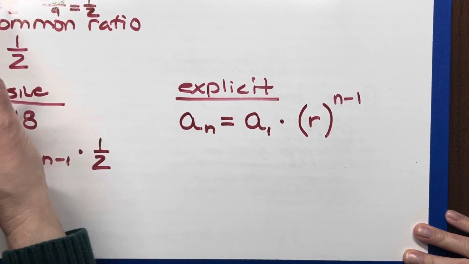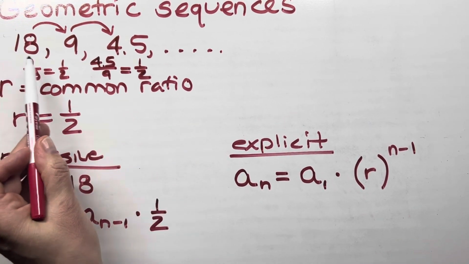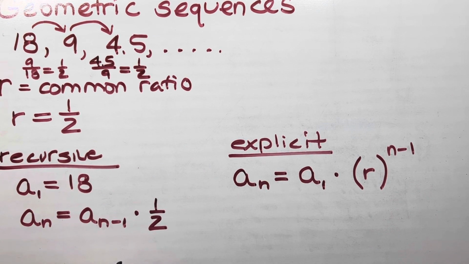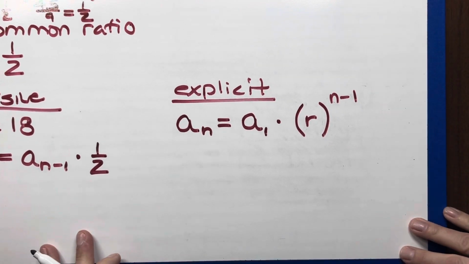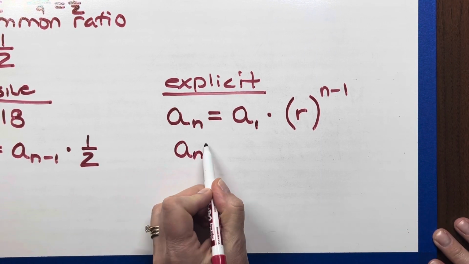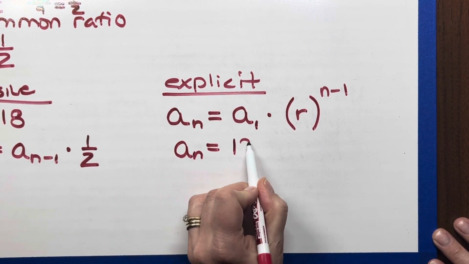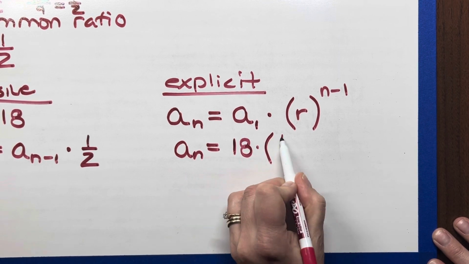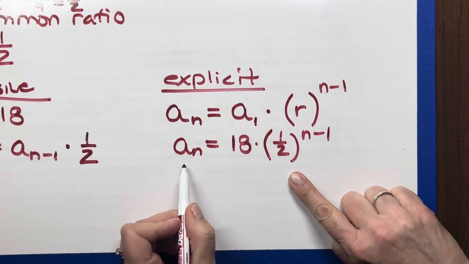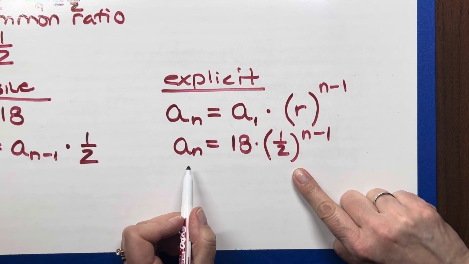So we already have the first three terms in our sequence here. So let's write our formula and then use it to find another term. For this, our a sub 1 was 18, our R was a half to the n minus 1. So here's our explicit for this particular sequence.